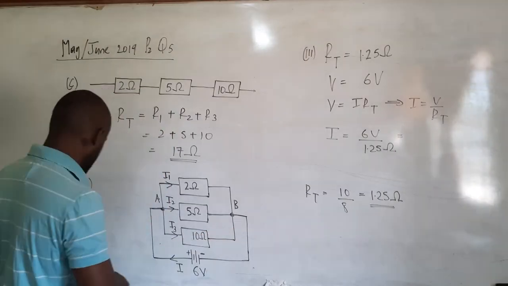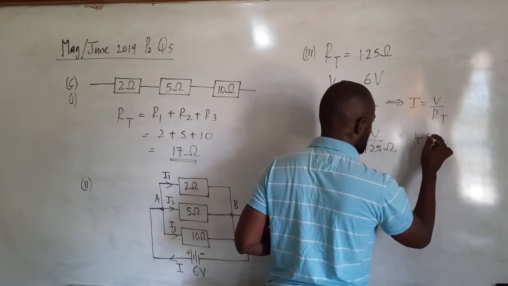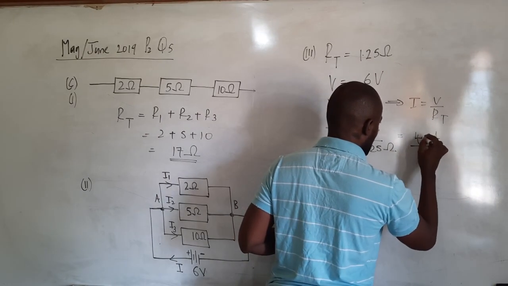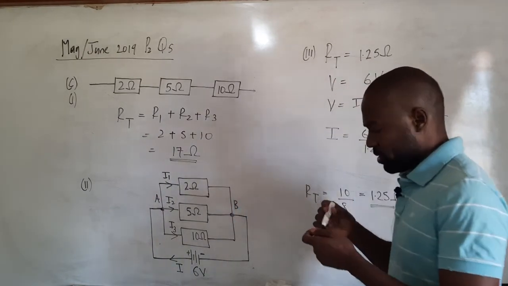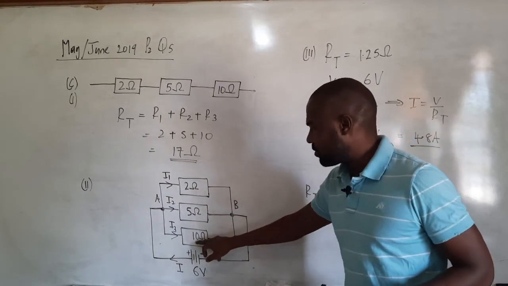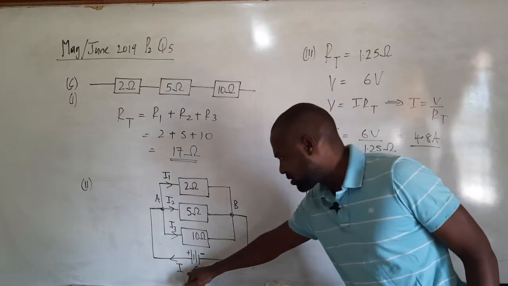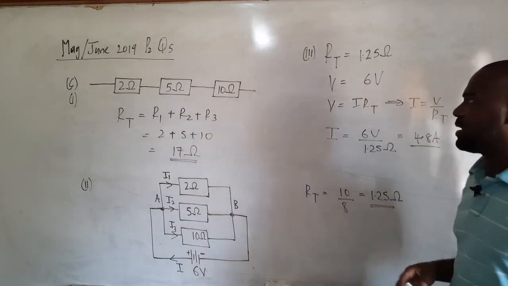Well, 4.8. So that gives a current of 4.8 amperes. So when this 6-volt power supply is connected to this circuit, where we have the 2 ohm, 5 ohm, and 10 ohm resistors connected in parallel, the total current driven by this power supply will be 4.8 amperes.